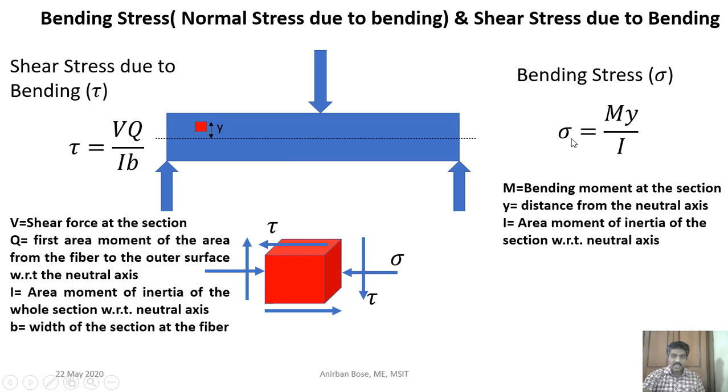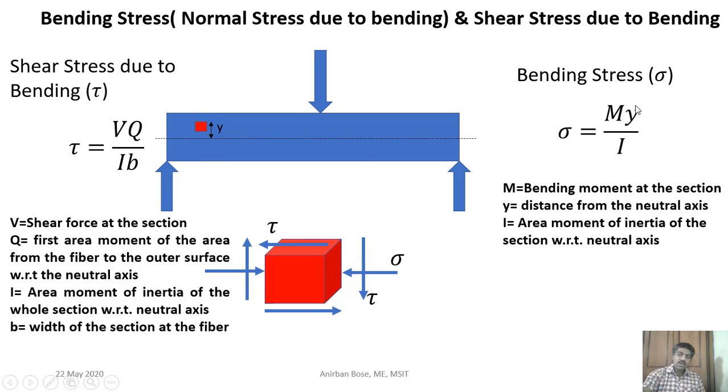Here you can see that bending stress is definitely a function of y. As you move away from the neutral axis, the bending stress will gradually increase, and at the highest value of y, either at the top or at the bottom, y will be a maximum. So bending stress will be maximum at the top or bottom fiber.